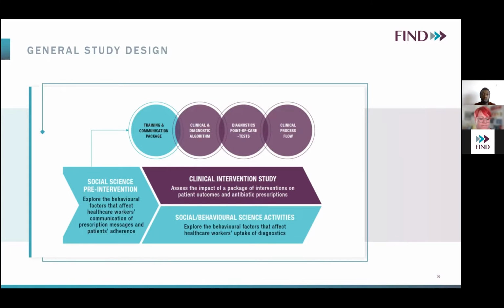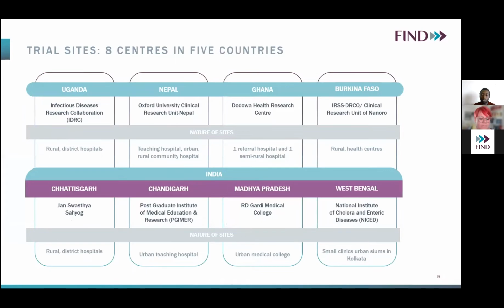And then we use these findings from the baseline study to design a training and communication package that was rolled out in the intervention arm of the clinical trial. And then we have the intervention package, which involves all these components that I've mentioned, and then a follow-up of about 7 days.